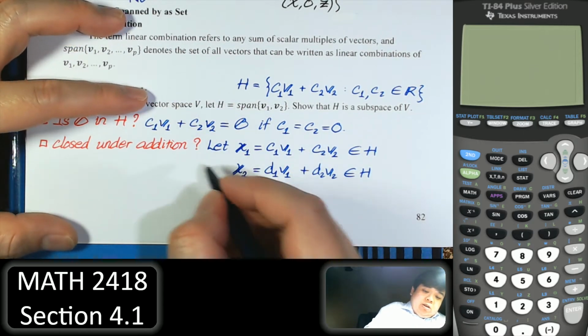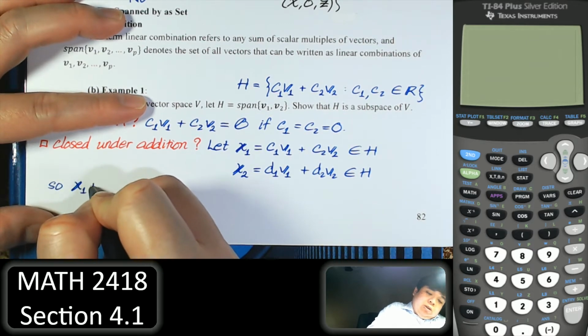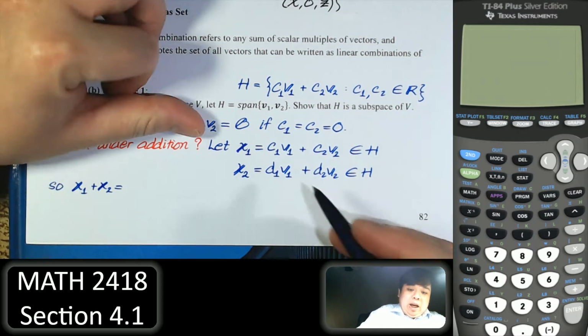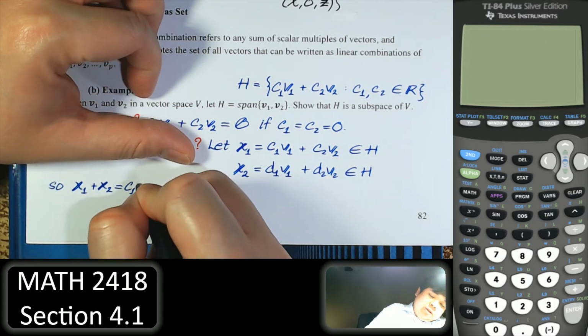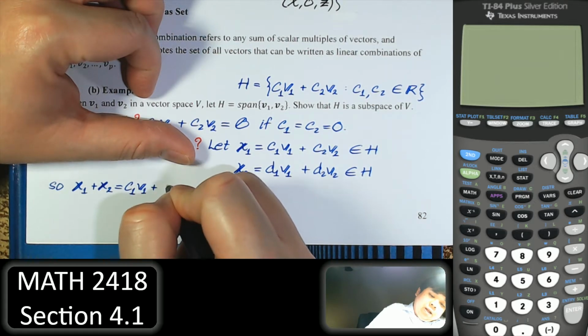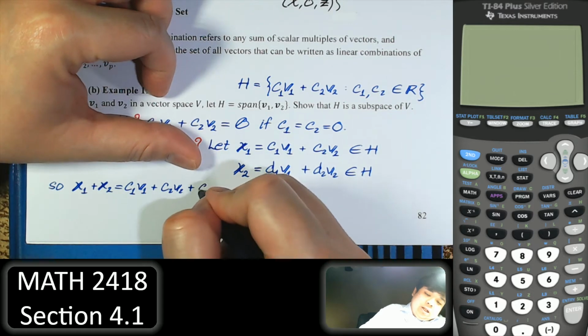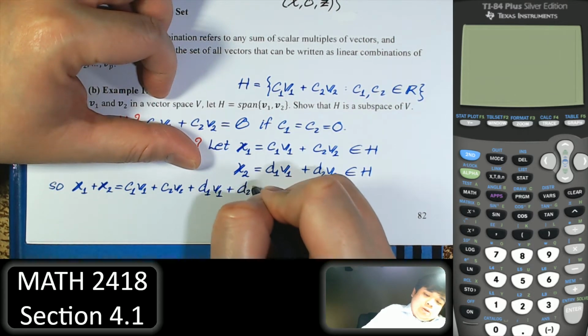Now let's write what x1 plus x2 is. Well, we just combine them, right? When we add them, let's write c1 v1 plus c2 v2 plus d1 v1 plus d2 v2.